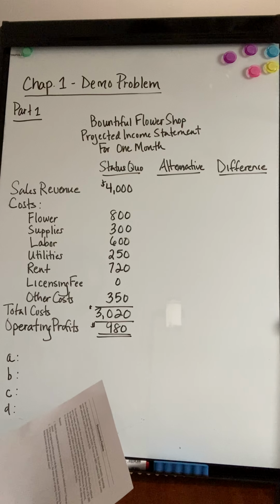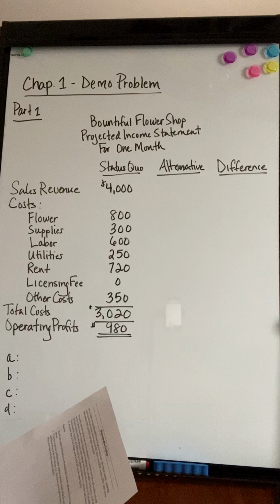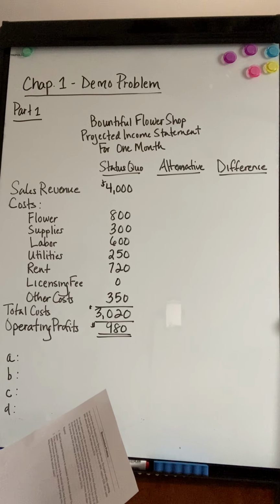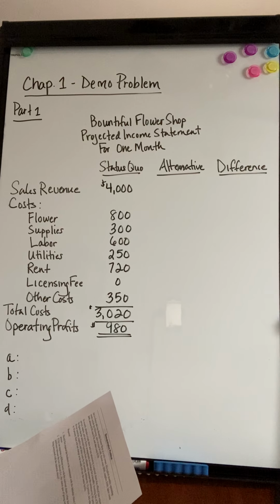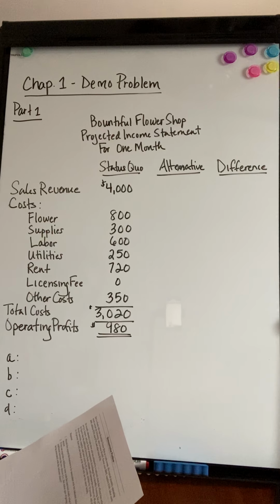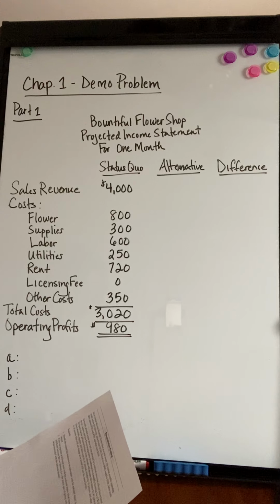He figures that the additional business from referrals will increase his revenues by 40%, flower materials, supplies, and labor costs by 45%, utilities by 10%, and other costs by 20%. Rent will not change as he would still use the same facility. So the question is, should Jim expand his business to be associated with the national chain?